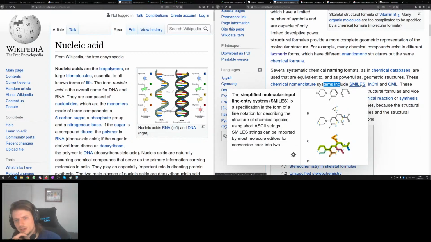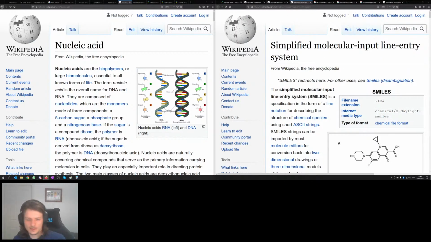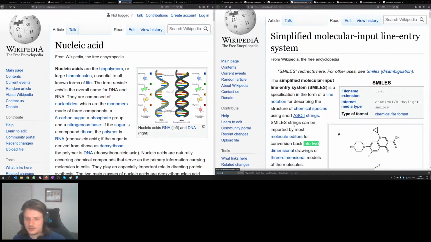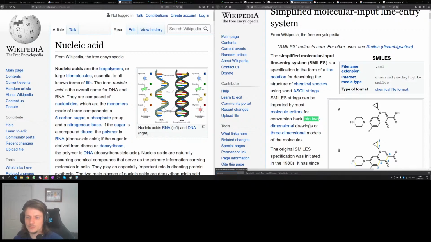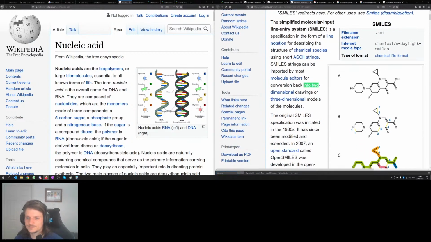SMILES, the Simplified Molecular Input Line Entry System, is a specification in the form of a line notation for describing the structure of chemical species using short ASCII strings. SMILES strings can be imported by most molecule editors for conversion back into two-dimensional drawings or three-dimensional models of the molecules.